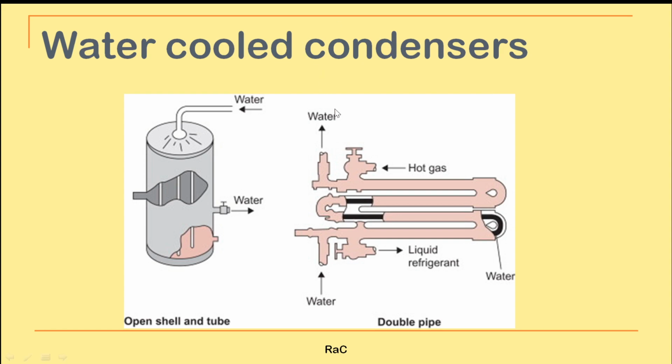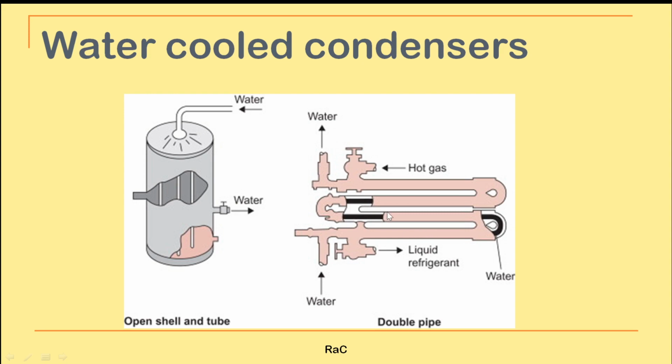So this is open shell and tube, where inside there are tubes, you can see the cut section here. Inside the tubes, refrigerant will be flowing, and cold water will be sprayed over those tubes in which refrigerant is flowing. So what will happen? The hot refrigerant will get condensed by transferring heat to the water, and the hot water will be coming out through the valve.